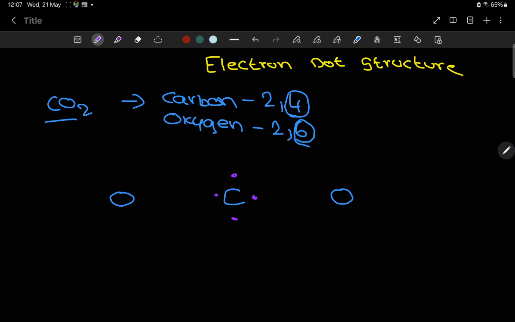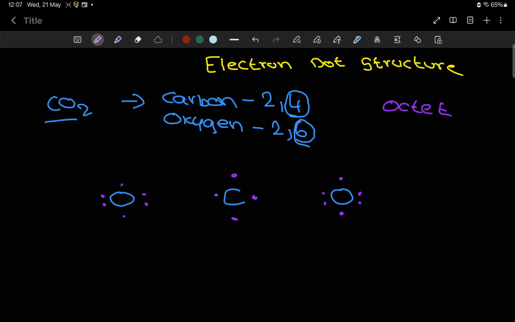For oxygen there are 6 valence electrons, and for this oxygen also there are 6 valence electrons. So the carbon and oxygen will try to attain the octet configuration, meaning they should have 8 electrons in their valence shell. So now they will share the electrons with each other.